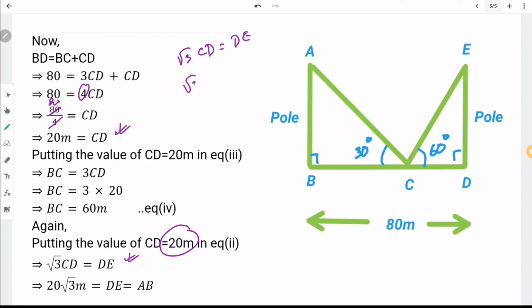And what are we going to have? Root 3 multiplied by 20 equals DE. I'm just bringing this 20 to the front. So this way you can say 20 root 3 meters equals DE. Thus we got the height of the pole, and the question says that both the poles are equal. So if I get ED, it's the same thing for AB.